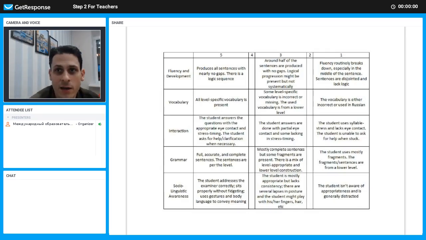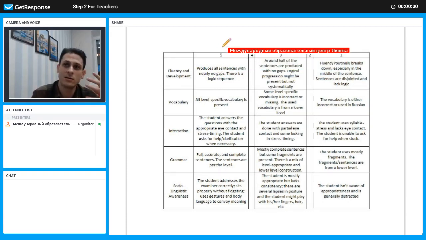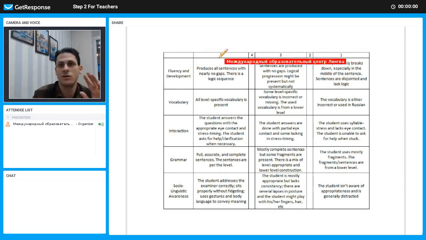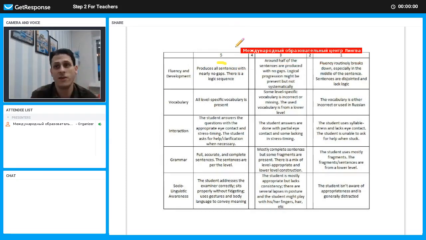This is not the grading per se, but this is the way to think about the grading. Okay, so essentially, each part that I have shown you that the exam includes has about 3 ways of getting a score. Either a 5, a full score, which produces everything, all the level-specific vocabulary is there.